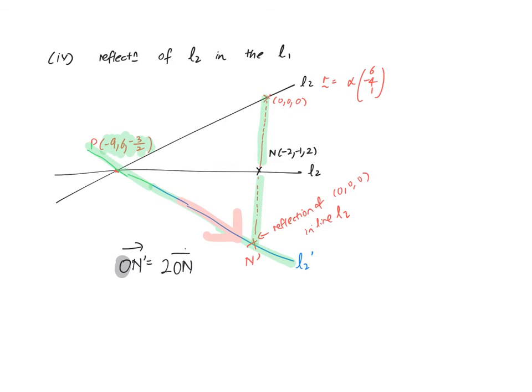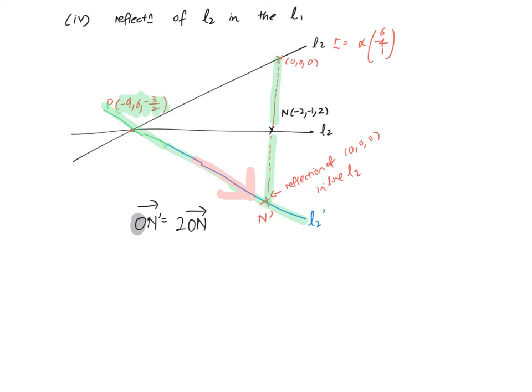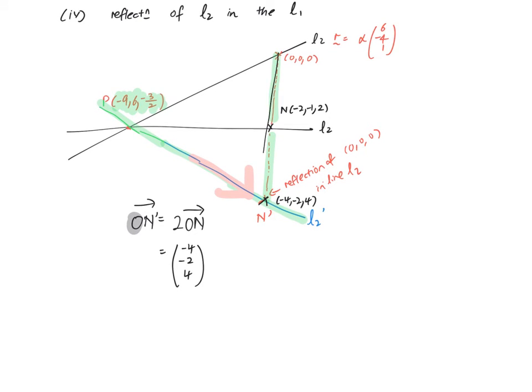If you use the ratio theorem or whatsoever, it will still garner you the same answer. ON prime is basically (-4, -2, 4), and this point is (-4, -2, 4). There's a difference between me writing it as a coordinate and as a position vector here, because this is ON prime, which is 2 times ON.